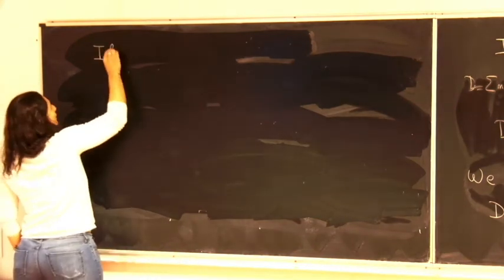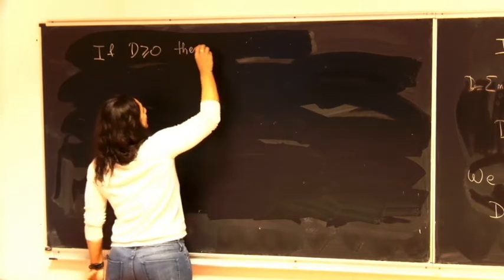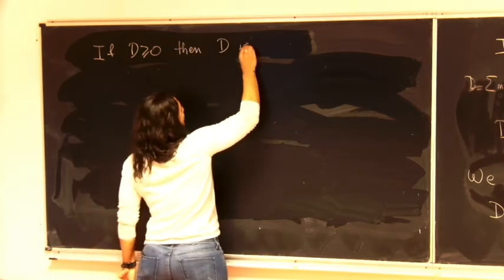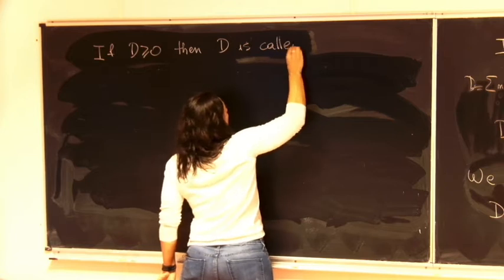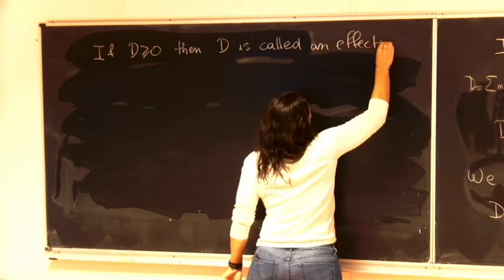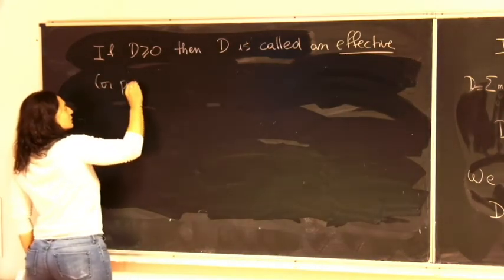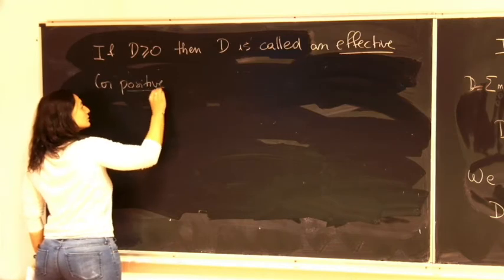So if D is bigger or equal than 0, then D is called an effective or positive divisor.